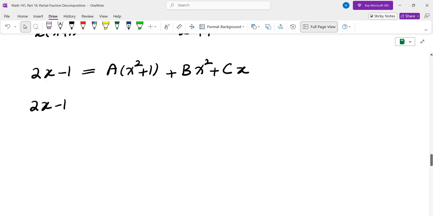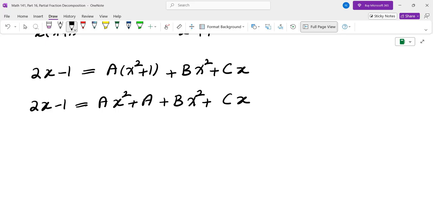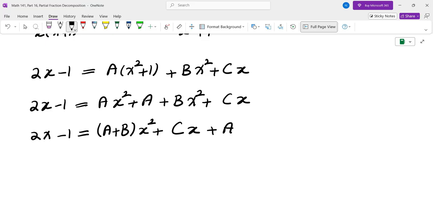So we have 2x minus 1 equals ax squared plus a plus bx squared plus cx. So this side is a plus b times x squared plus cx plus a. I'm rearranging these to write down the right hand side in order of the degree.